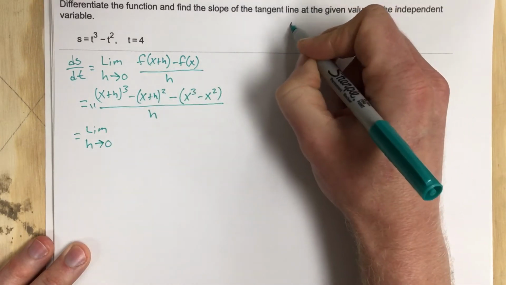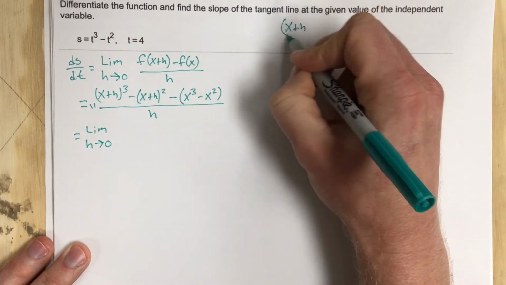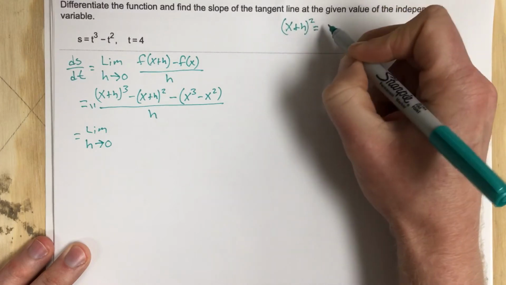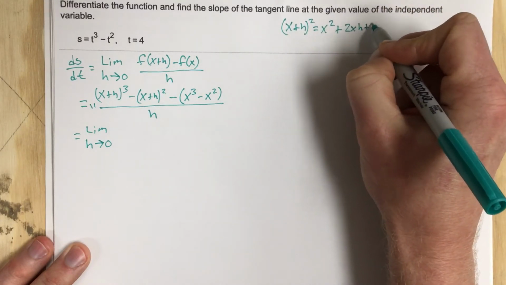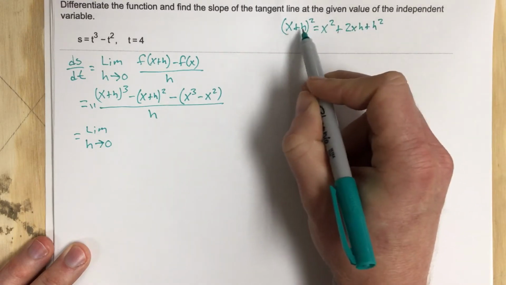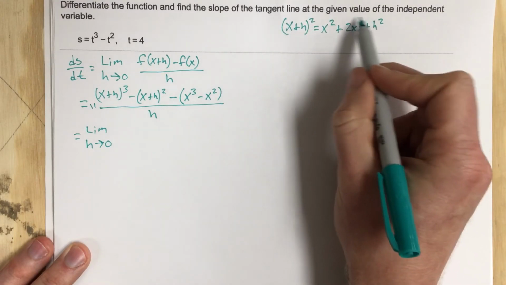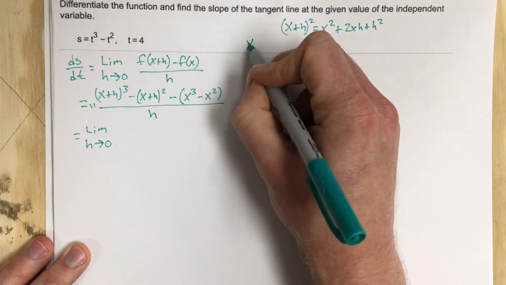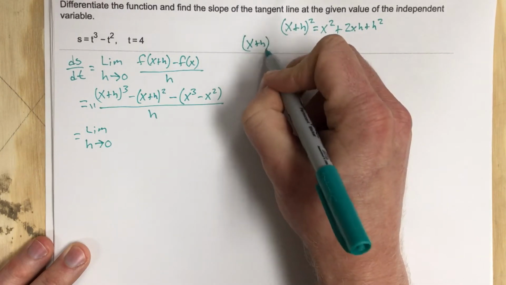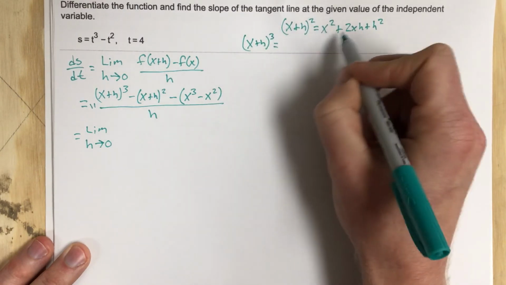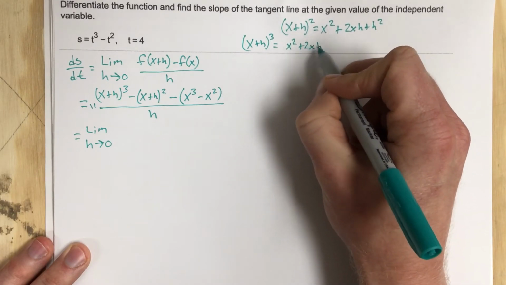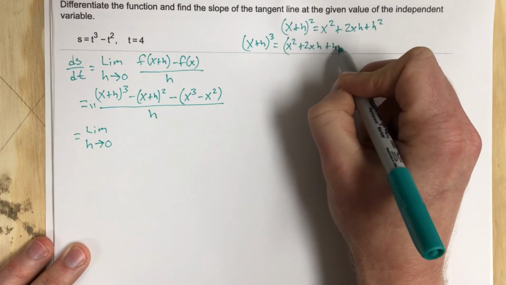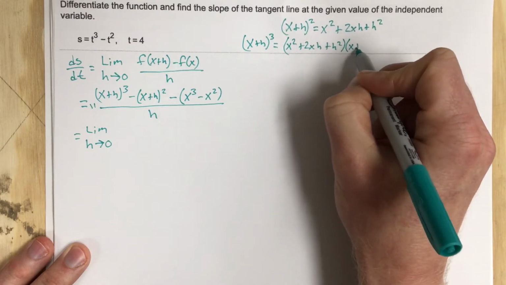Now we know x plus h squared is x squared plus 2xh plus h squared. Right? If we write that out, x plus h times x plus h, this is what we get. So we know x plus h cubed is going to be x plus h squared, which is x squared plus 2xh plus h squared, times another x plus h.